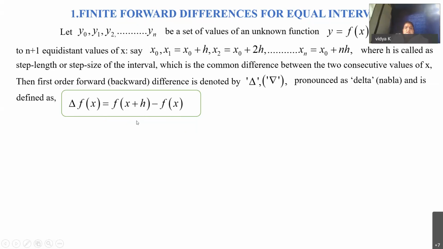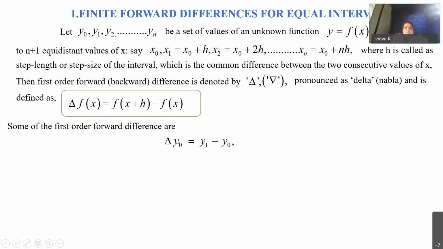We will apply this general definition to particular values now, because we have n plus 1 values of y corresponding to n plus 1 equidistant values of x. Some of the first order forward differences are as follows. First we operate delta on the first value of y, which is y0. What is delta of y0?